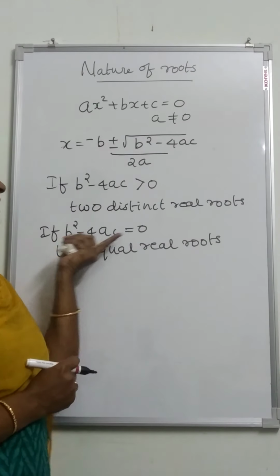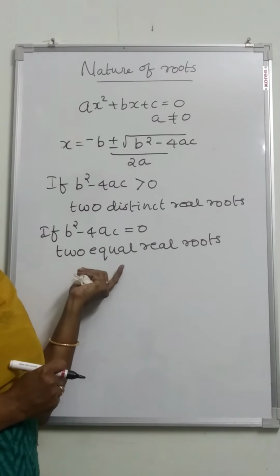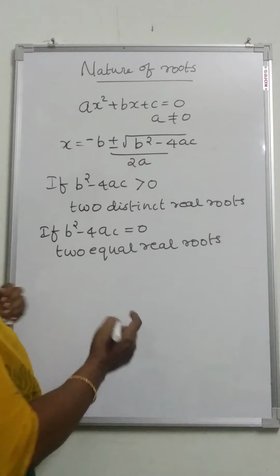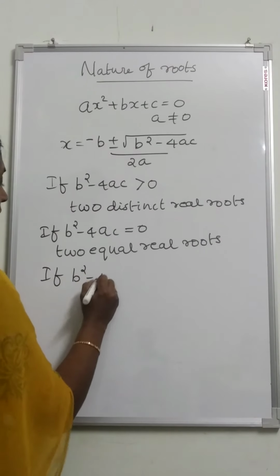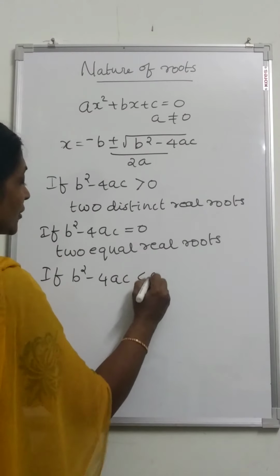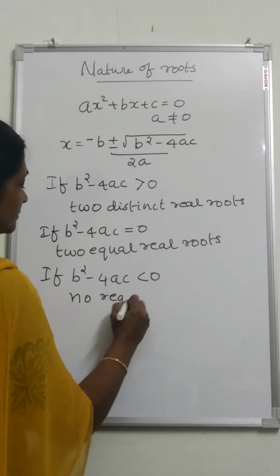If b square minus 4ac is equal to 0, then it has two equal real roots. And the third condition is if b square minus 4ac is less than 0, it has no real roots.